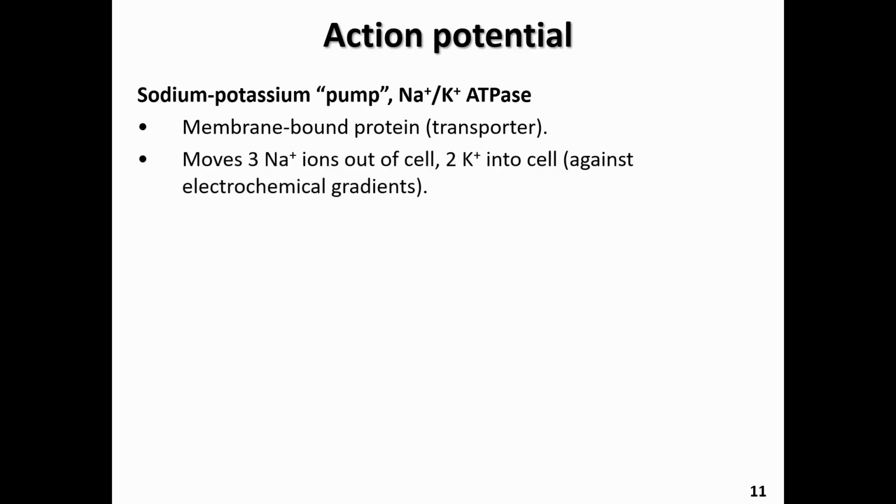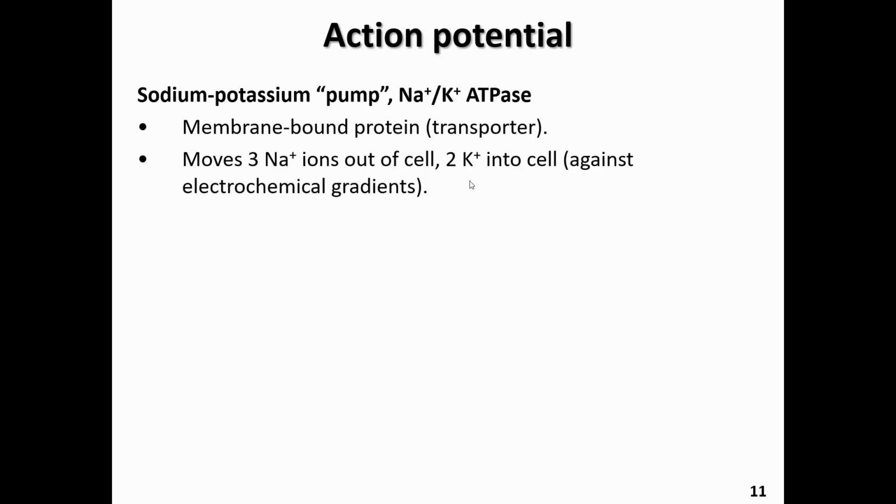And the function of this ATPase is that it not only functions as an enzyme, but also functions as a transporter. And as a transporter, it will move 3 sodium ions out of the cell while moving 2 potassium ions into the cell.